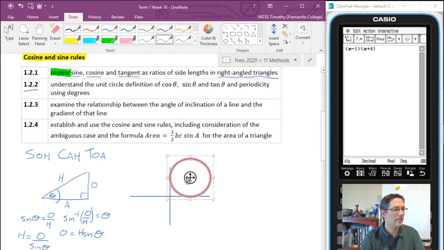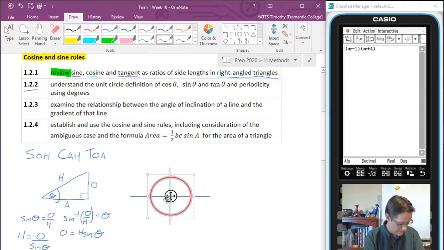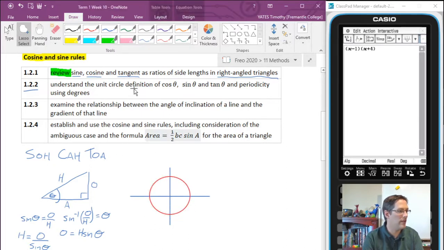Now if I've got my circle there, let's move that a little bit better. Yeah, okay, that'll do for now. So basically, if I've got this point here on my circle, it has an x coordinate, it has a y coordinate.